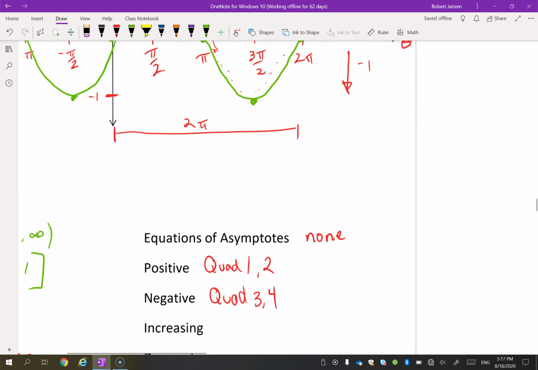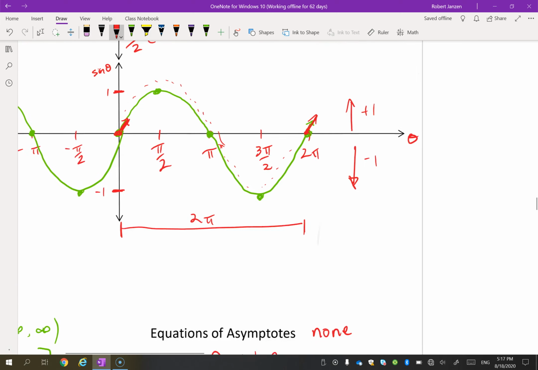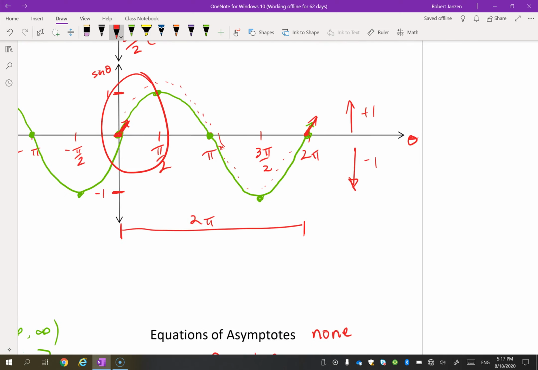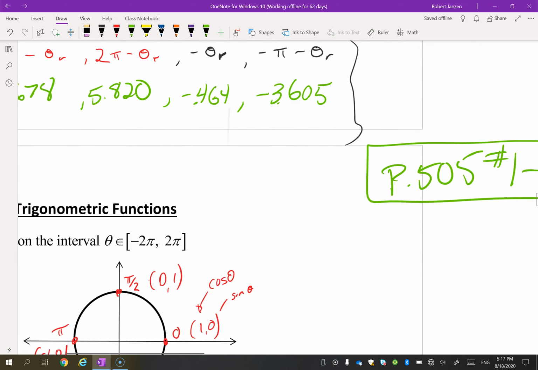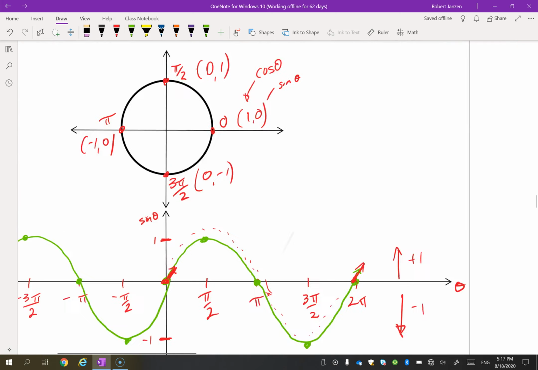So it's increasing in quadrants 1 and 4 and decreasing in quadrants 2 and 3. Why do I say quadrants 1 and 4? Right here we have the graph between 0 and pi by 2, and if you look up here, that's quadrant 1. There's our sine graph.